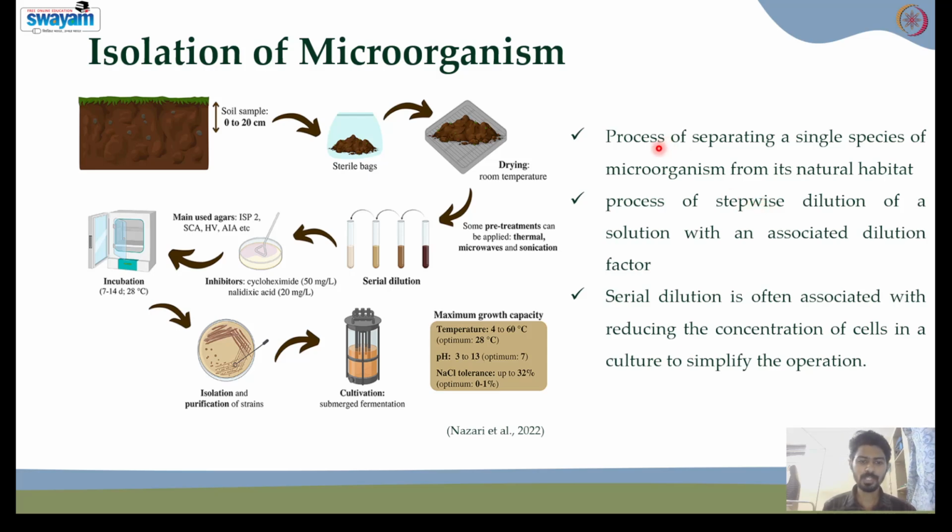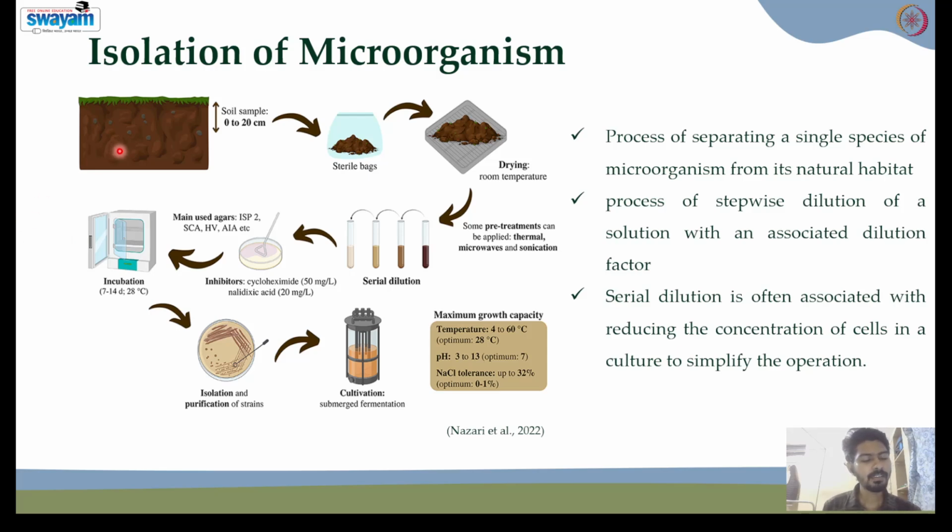Through serial dilution. It is one of the basic techniques where we dilute the solution to an appropriate level by using a correct dilution factor. And this serial dilution is performed to reduce the concentration of the cells in order to simplify the operation. If we take an example, my aim is to isolate a microorganism from an environmental sample, a soil sample.